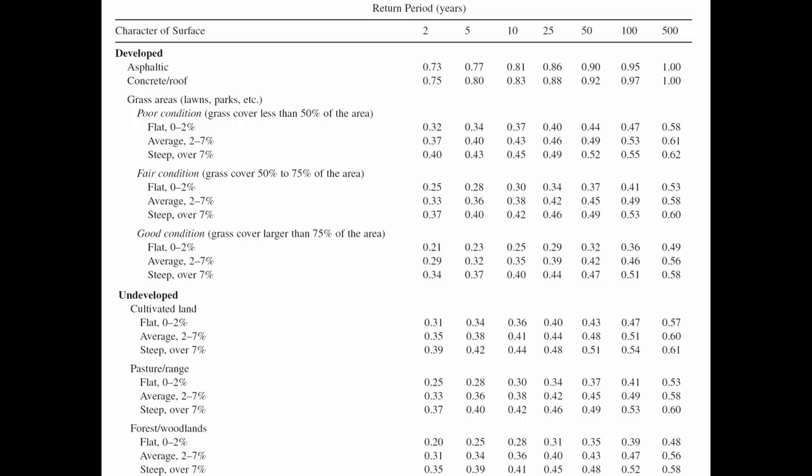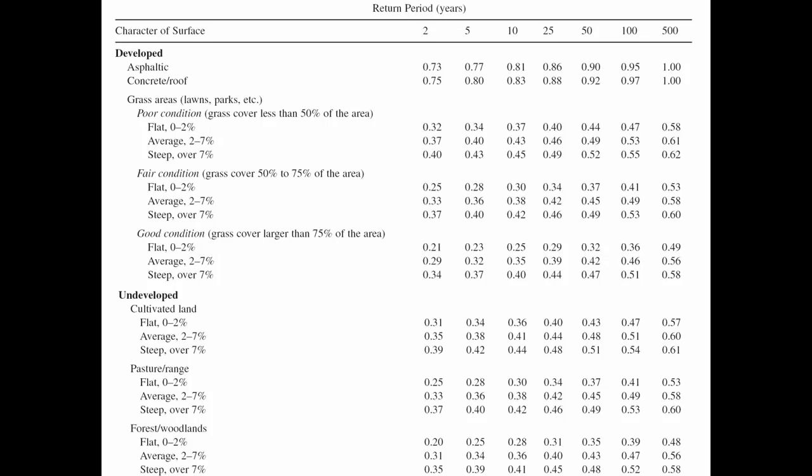And so we can do a composite, which is a weighted average. So our average C value is just going to be: multiply the 4 hectares by 0.77, 12 times 0.36, 4 hectares of 0.60, and 18 hectares of 0.5, and then divide all of that by the sum of the areas, which is 38 hectares.